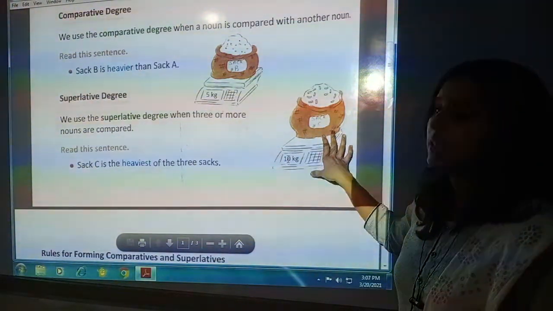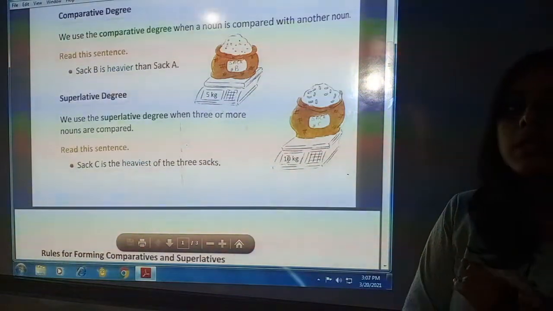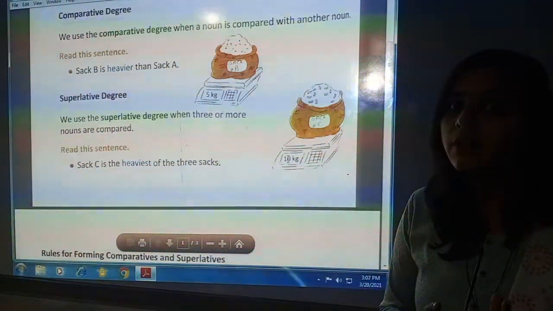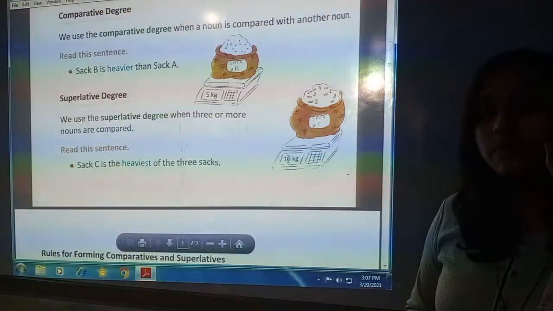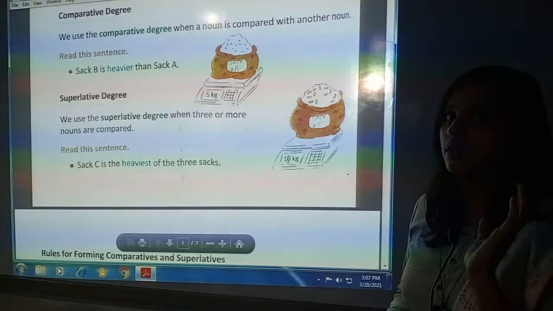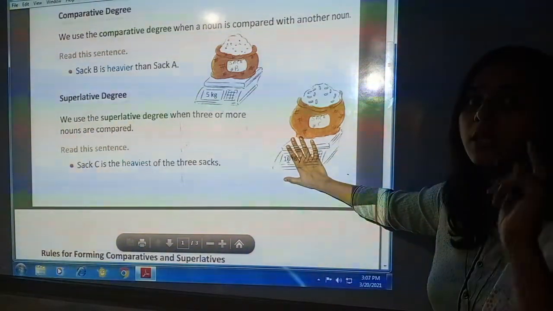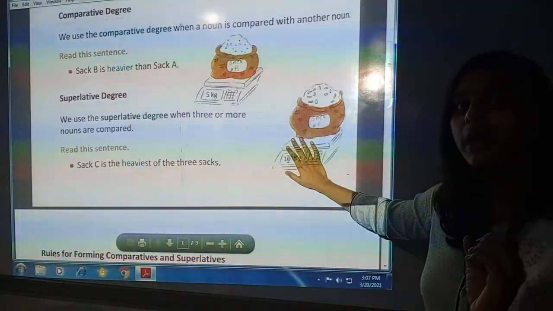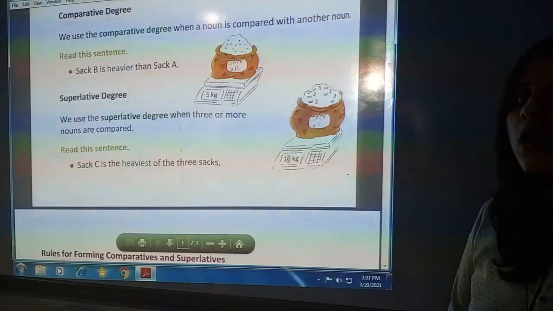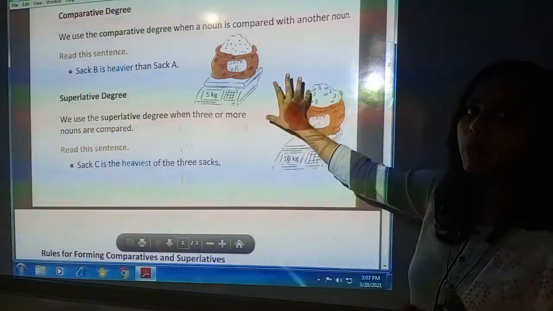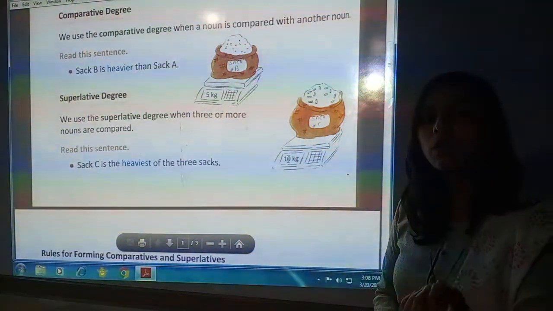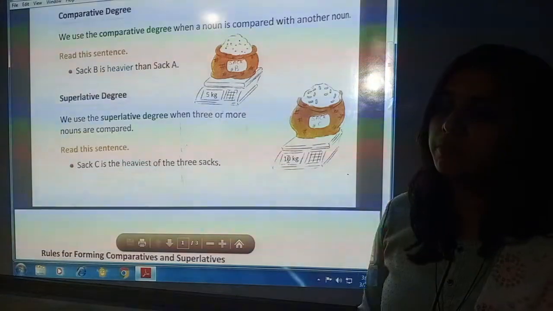In comparative degree, one will be more than the other. In superlative degree, the one who is best among all other options is chosen. So superlative degree gives the best, comparative degree gives the better one, or which has more quality. And in positive degree, as no comparison is done, only one quality about one noun is explained.